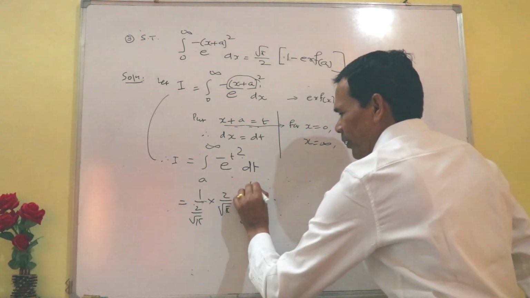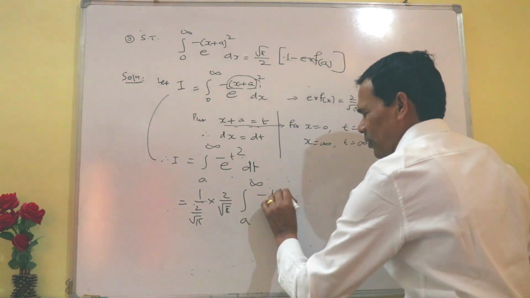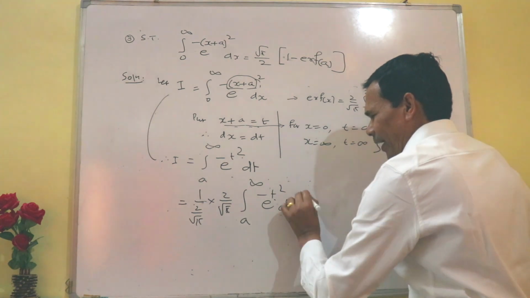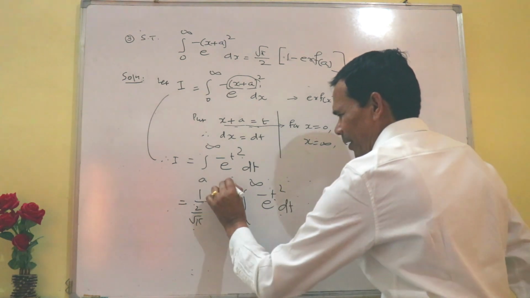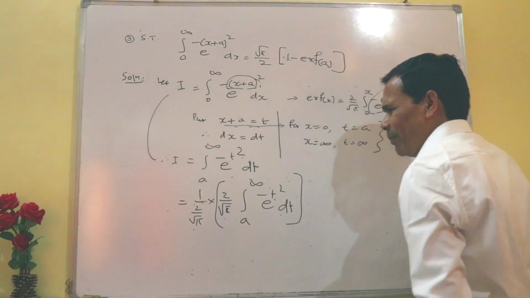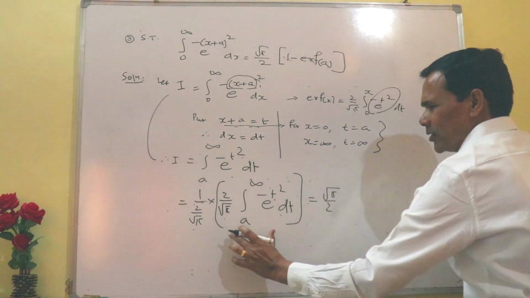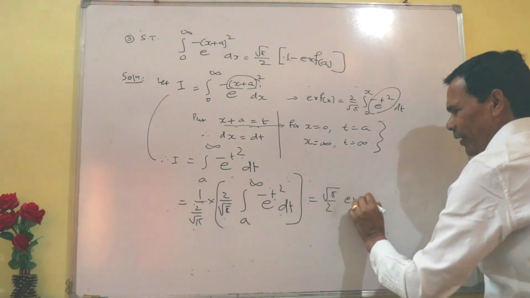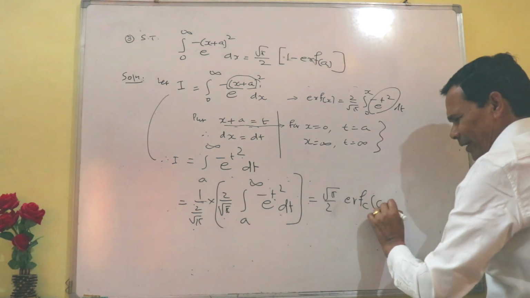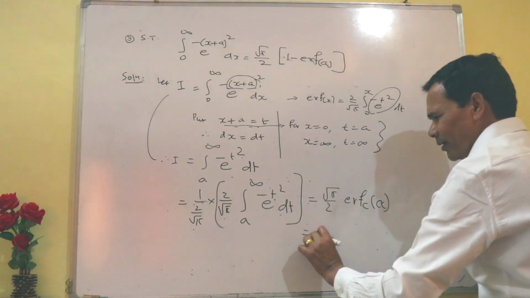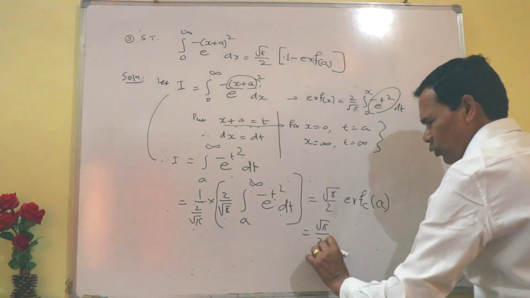So 2 upon root pi times a to infinity e raised to minus t square dt, and this is what is needed for the complement. So this bracketed part is the complementary error function of a, and the factor is root pi upon 2.